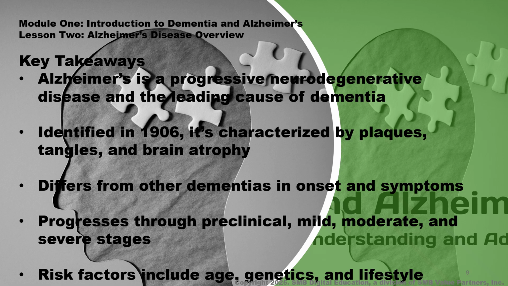The disease progresses through stages, from symptom-free brain changes to severe impairment requiring full-time care. While age and genetics play a role, lifestyle choices can influence risk. This overview sets the stage for our next lesson, where we'll explore the prevalence and global impact of Alzheimer's.